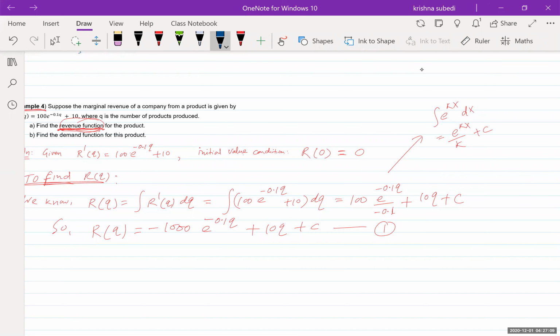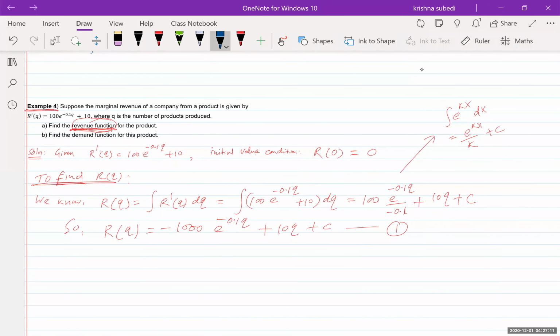Now, another one is the initial value condition given, which is R of 0 equals 0.